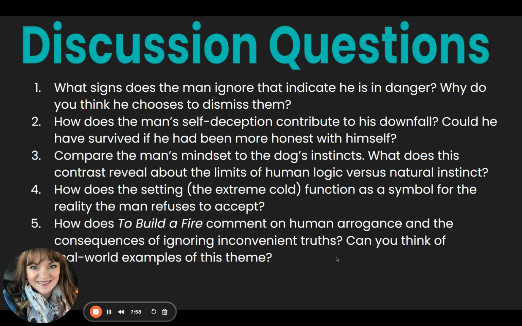Can you think of real world examples of this theme, this ignoring of inconvenient truths? When the truth is inconvenient for us, we tend, as human beings, to ignore it. I suppose as a coping mechanism sometimes. But again, don't worry too much about this, I just want to give you a heads up that I am going to be asking about this later on.